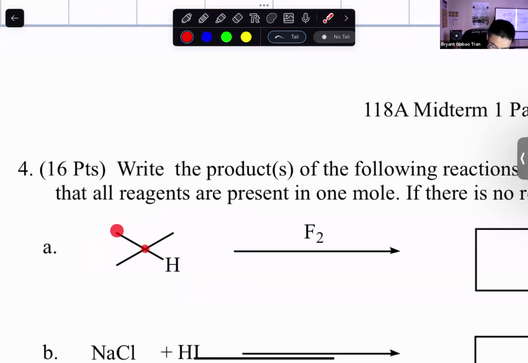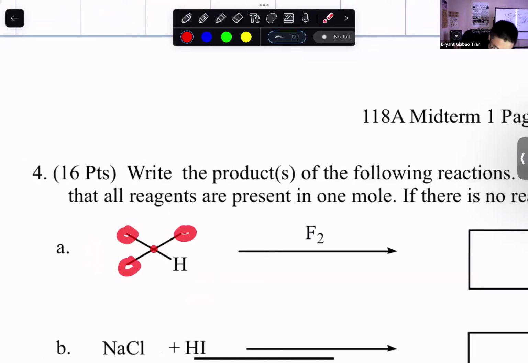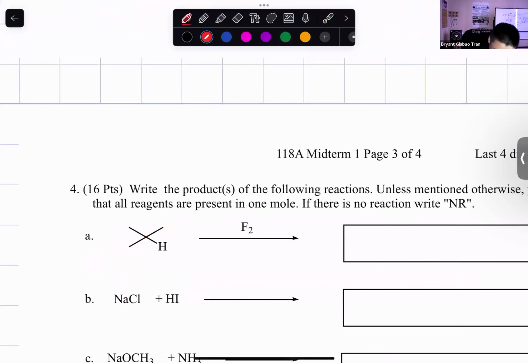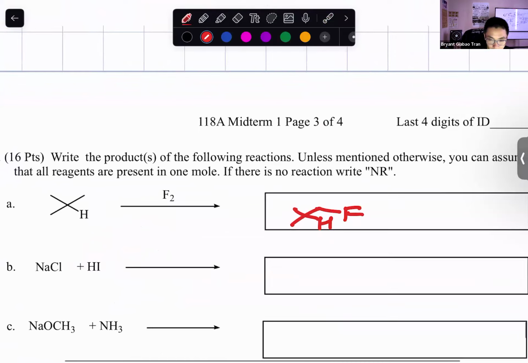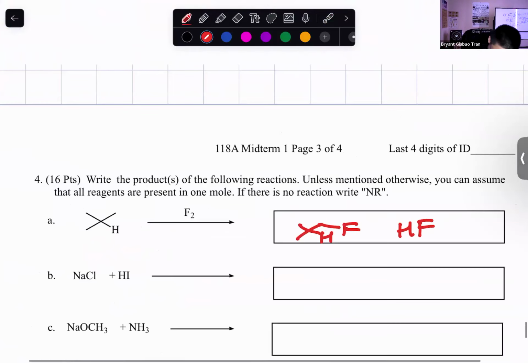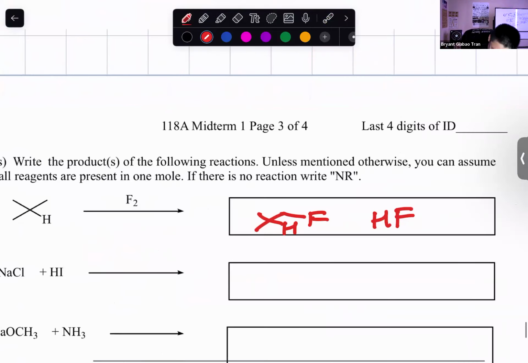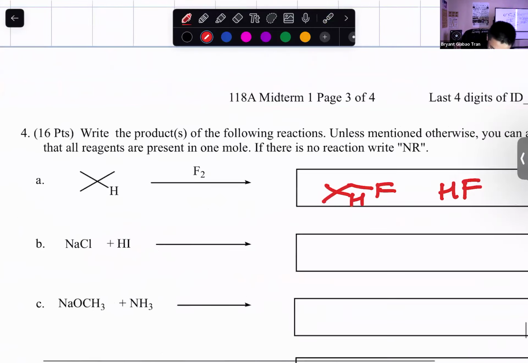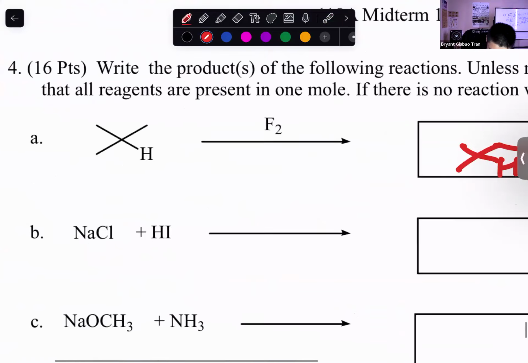The fluorine will be in either one of these three carbons here that I'm circling. So the answer is going to be something like this. And then you might even put HF if you want, which is a side product of this reaction.